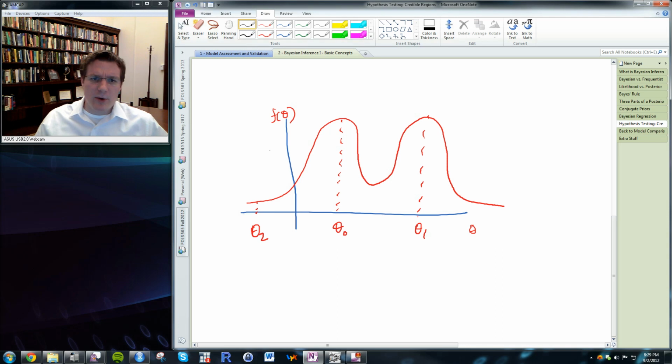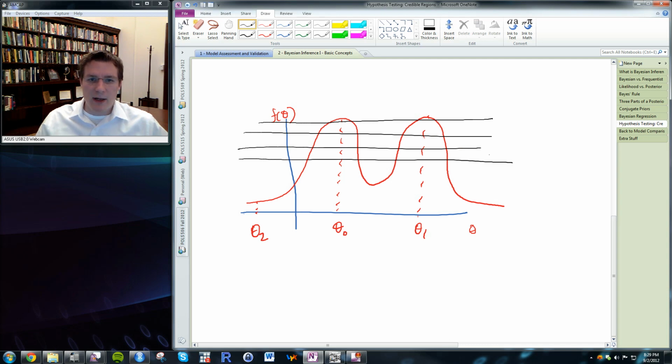So in essence, I'm going to start at the maximum of the density here, and I'm going to move down, move down, move down, and at every point I'm going to ask, what's the integral of all the areas whose density is bigger than this particular point? So for this line, I'd be calculating the density under here.